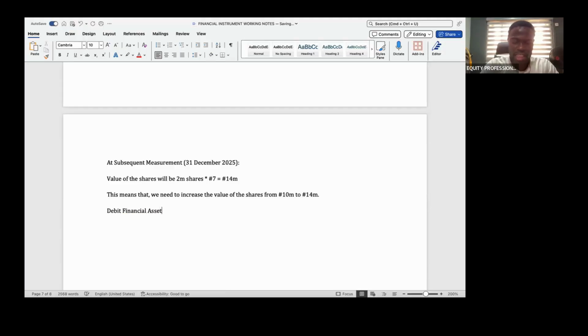By debiting that financial asset that was 10 million naira before. Of course, it's an equity investment. Let me write it in full at fair value through OCI. Since Otedola wants to be a member of the board, we're going to debit it with 4 million. Since 10 million was in the financial asset before, now we need to increase the value to 14 million. So we debit the financial assets.